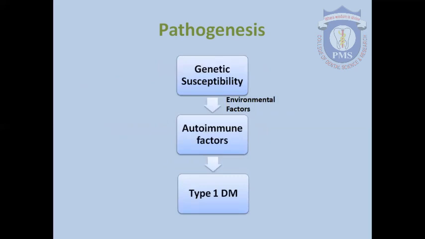Pathogenesis of type 1 diabetes mellitus is shown here. Genetic susceptibility and environmental factors trigger the autoimmune mechanism which leads to type 1 diabetes mellitus.